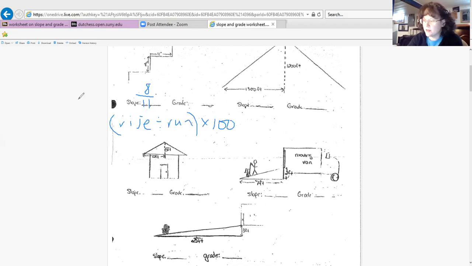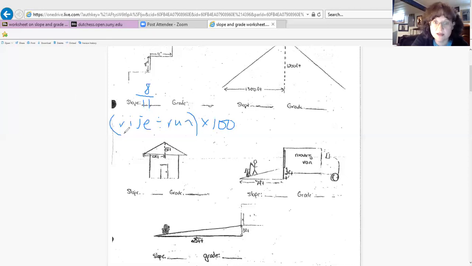So if I go into a calculator, 8 divided by 11, I get 0.727272, repeating. I'm going to be rounding that, but first I'm going to multiply by 100, in other words, move the decimal point 2 places, and I get 72.727272.